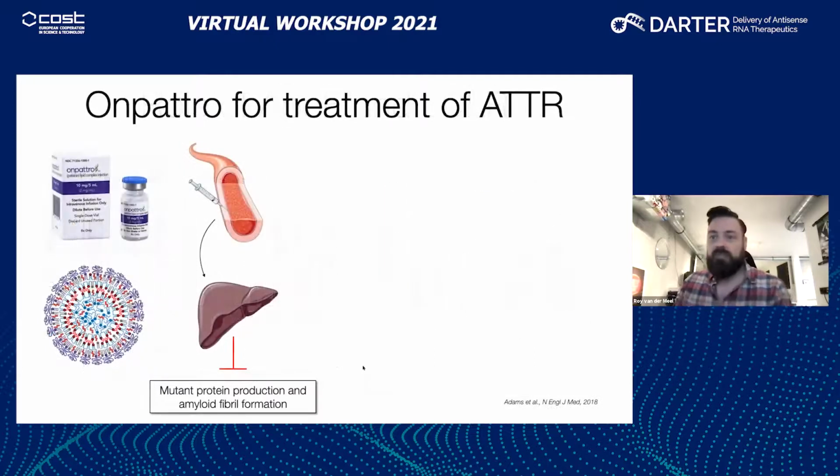So just to finish off, a few slides on applications of lipid nanoparticle drugs, and Camilla already discussed Onpattro. Gene silencing in the liver came out in 2018, a big breakthrough for the entire field.